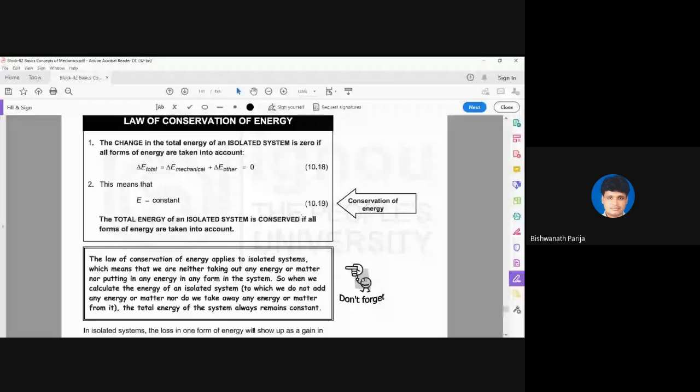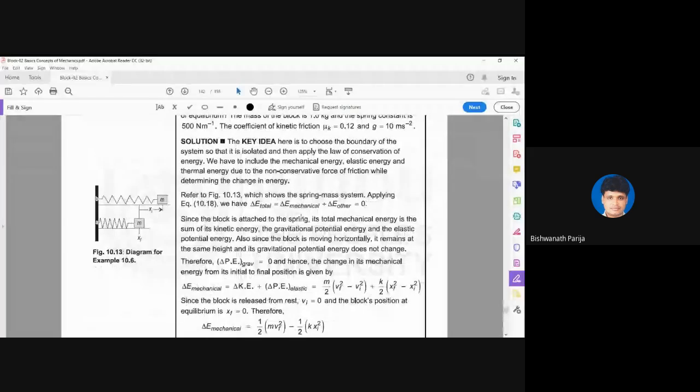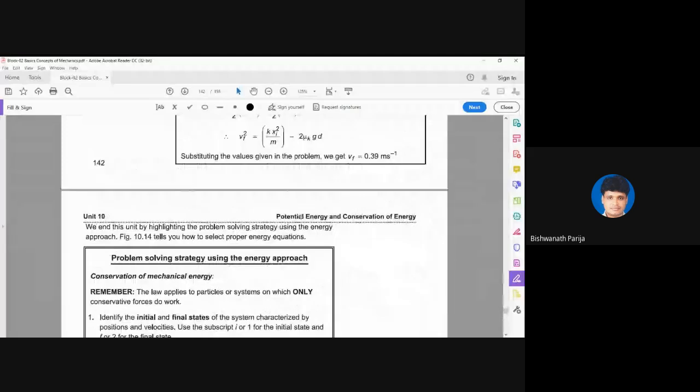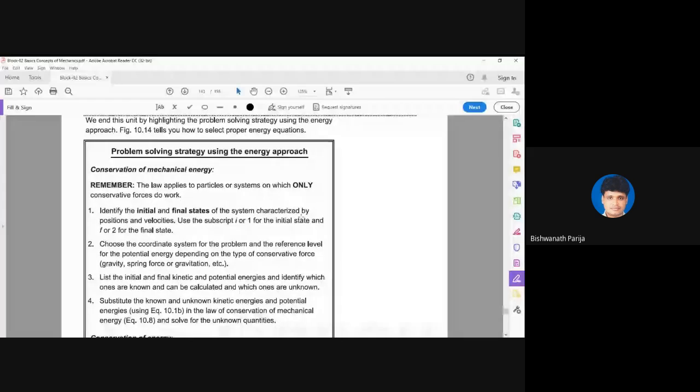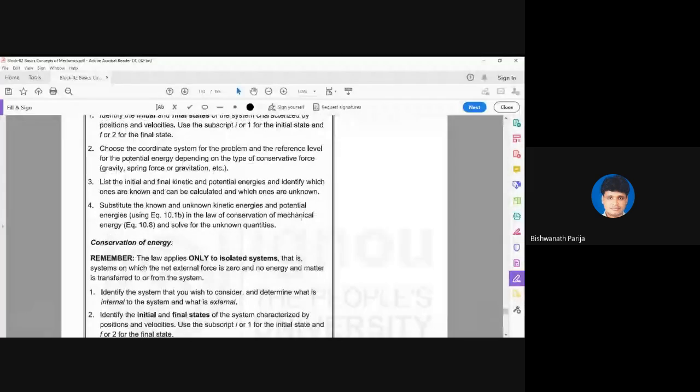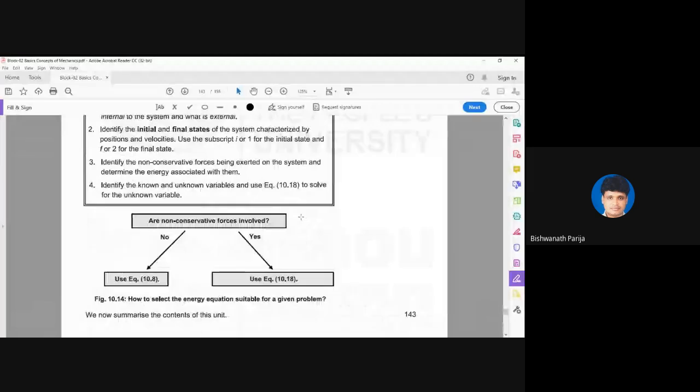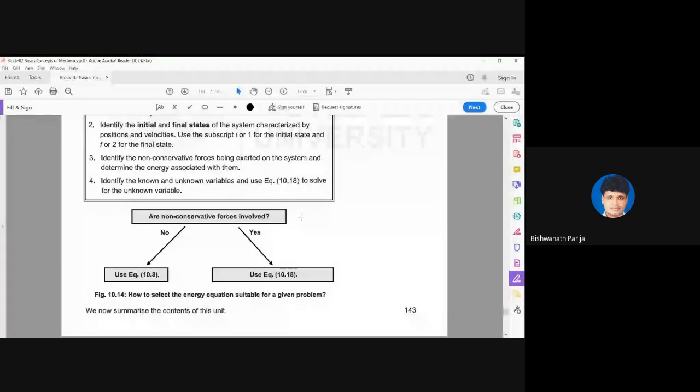So these are the problems you do. The problem solving strategy is written here. You remember these steps. Accordingly, you solve the problems. And here some important problems are given. Non-conservative force involves conservative and non-conservative forces, and here the things are summarized.